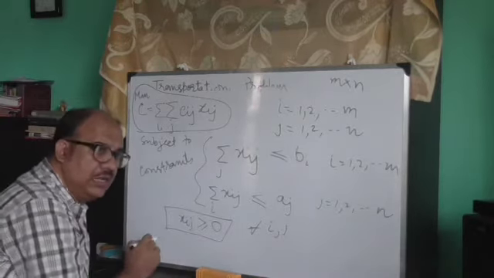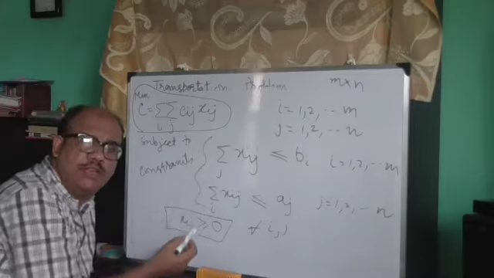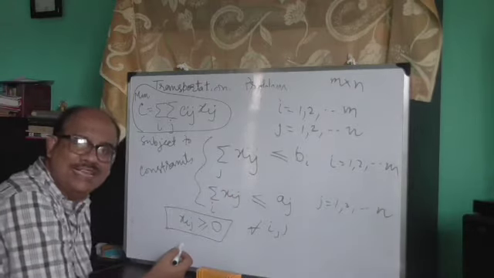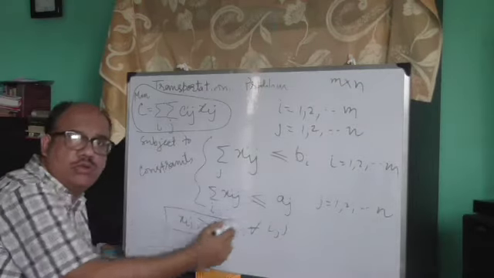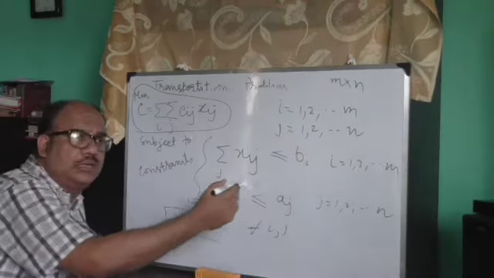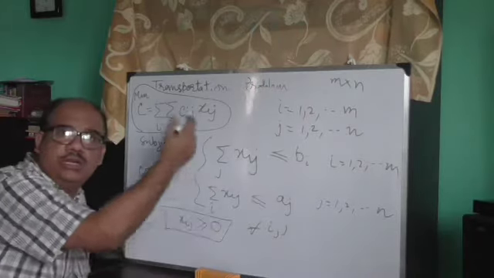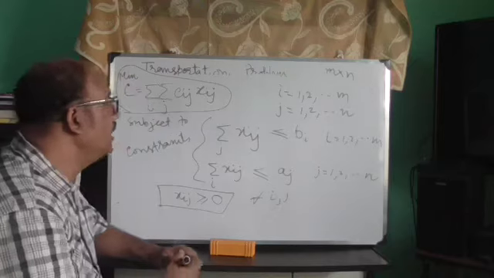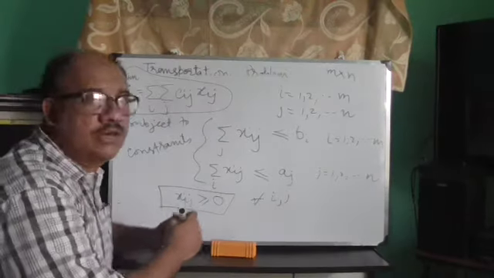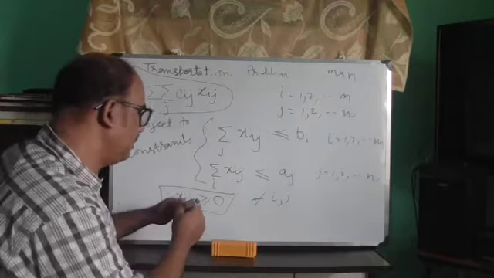And everywhere the maximum power of the variable is 1. So that is why it is a linear programming problem. So this is how we have converted the transportation problem to a linear programming problem.